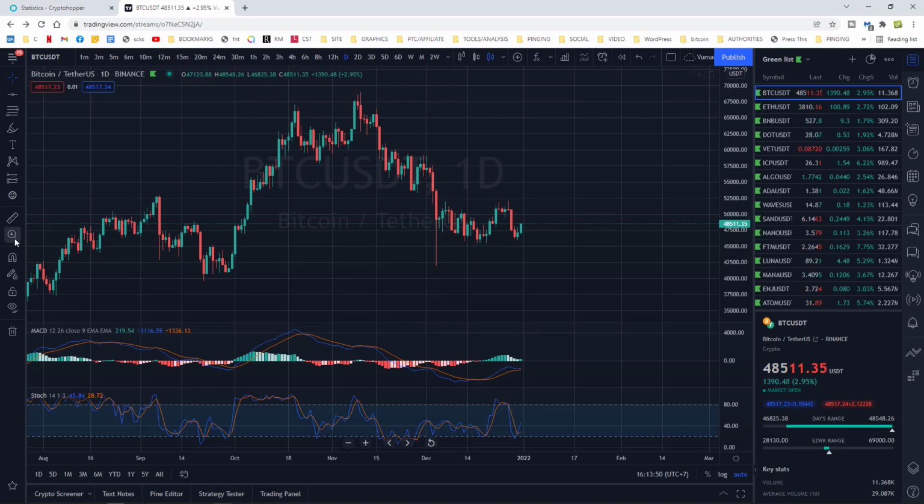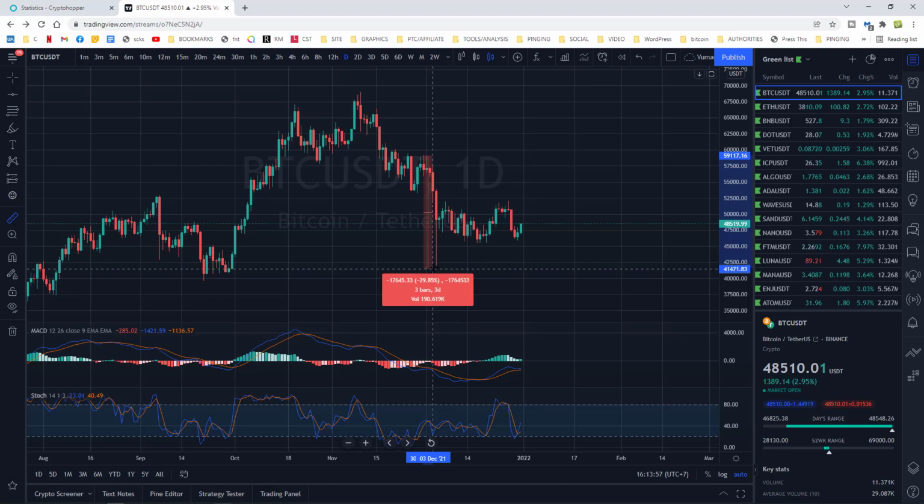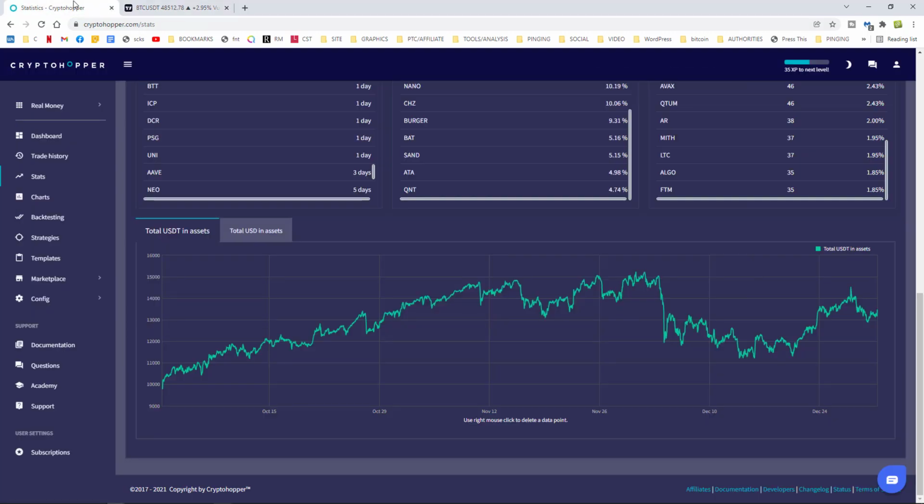How much did it drop from its peak there? It tanked 30%. Obviously, if you've spent all of your money on cryptos and everything tanks, all the other altcoins tank with Bitcoin, sometimes more than Bitcoin, well, obviously it's going to affect your stats like that.